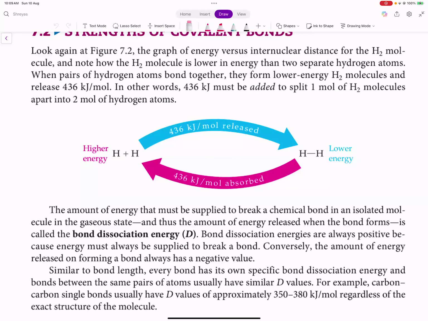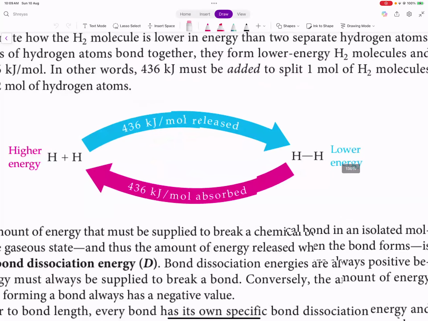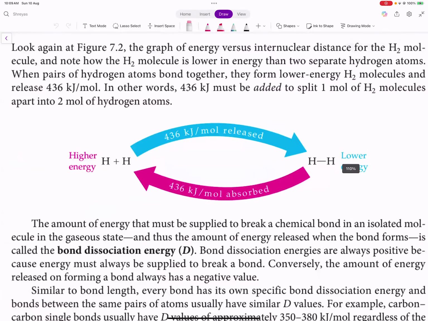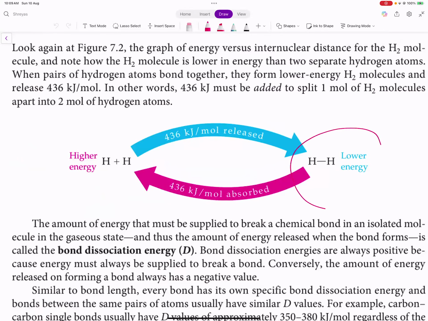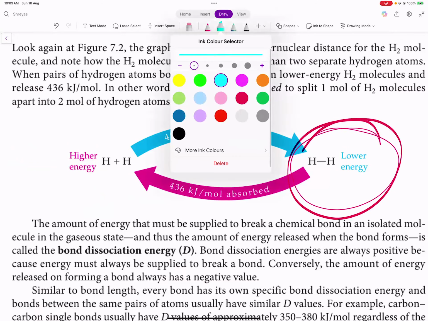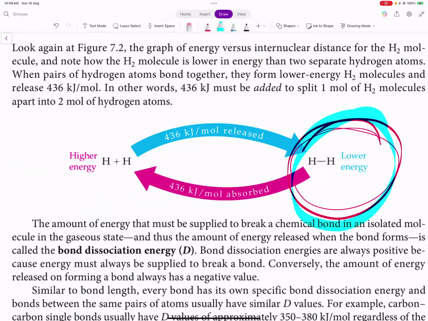Similarly, when we have an H-H bond, if we put energy into it, 436 kilojoule per mole, then 1 mole of H-H will be broken. And if this much energy is released, they'll form a bond, right?